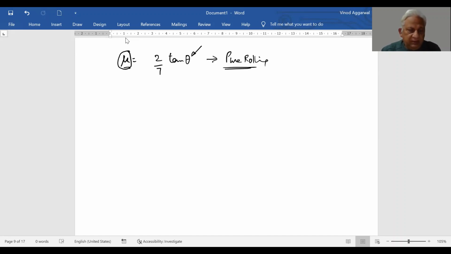So what could be the cases? That mu that can actually be provided is greater than or equal to the requirement. This is the minimum requirement.